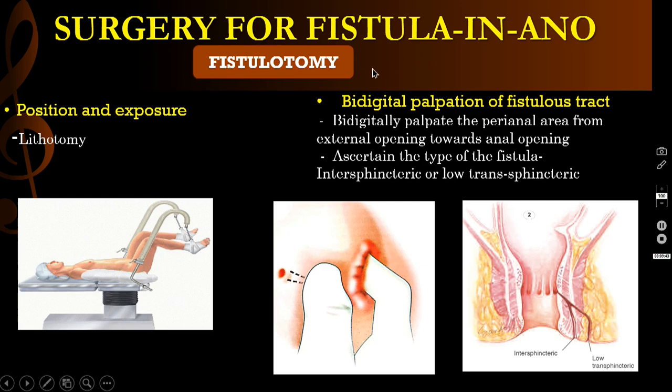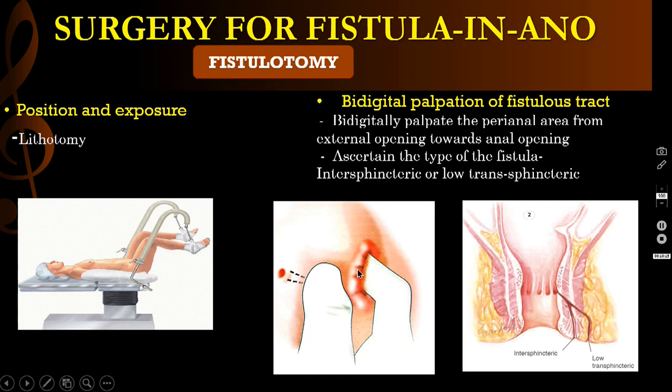So the first surgery is fistulotomy. This is done for subsphincteric or superficial fistula. The position is lithotomy. Then you have to do bidigital palpation of the fistulous tract. Bidigitally palpate the perianal area from the external opening towards the anal opening.